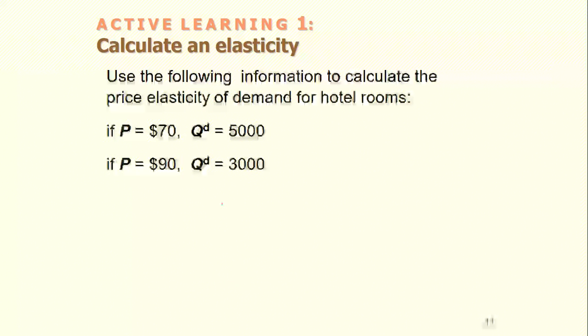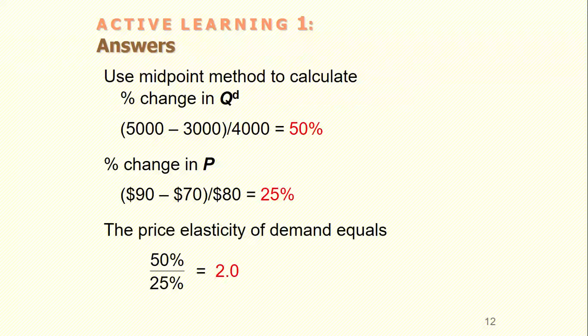Again we have calculated the midpoint like $70 plus $90 divided by 2 is equal to 80. So here is the midpoint. And you can say that 90 minus 70 divided by 80 is equal to 25%. That is the percent change in price.